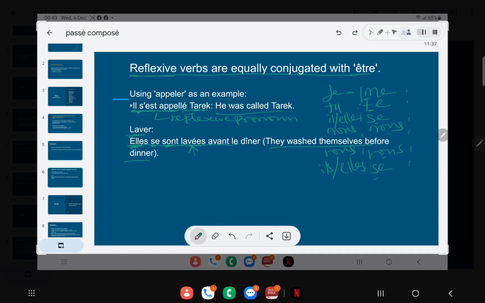If it was masculine, we would have just this S without this extra E. That is masculine plural. This is feminine plural, that is masculine plural. So you get the drift. The participe passé form must agree with the subject in the sentence. That's all. So in the next slide, we are going to be looking at avoir and its own rules for conjugation.